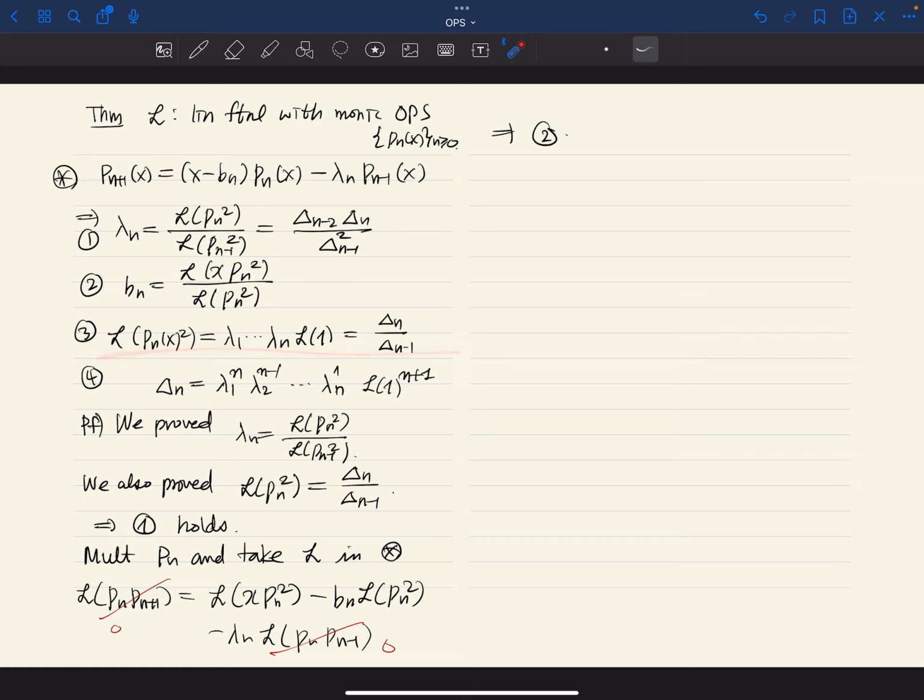So it is an easy consequence of 1, and this is also an easy consequence of this. So 3 follows from 1, and 4 follows from 3. So that's the end of the proof.